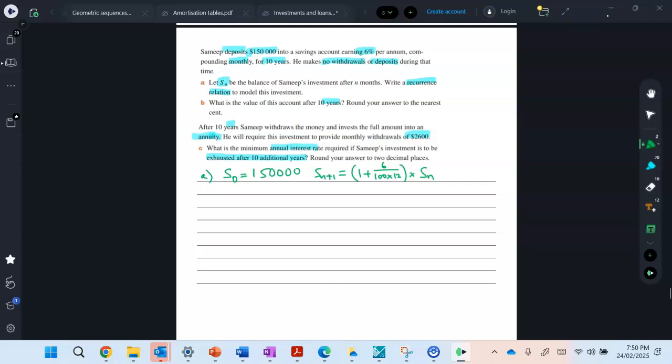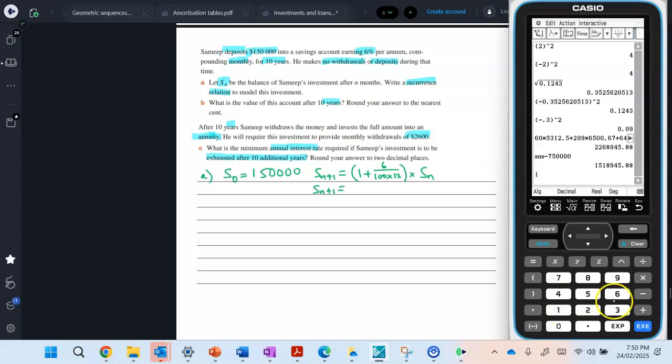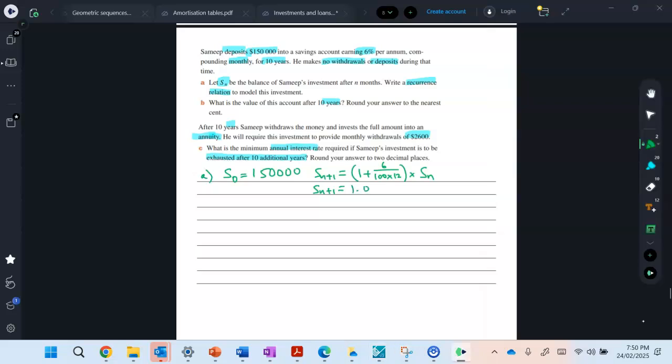Although I do need to simplify my value of R, so I'm just going to do that on my calc. So 1 plus 6 over 1200. So we get 1.005. And you could do times, or you could just write SN. Now I'm going to put a times there just so we don't think that S is a 5. You don't have to write S0 again, all is well. Okay, so there's our recurrence relation.